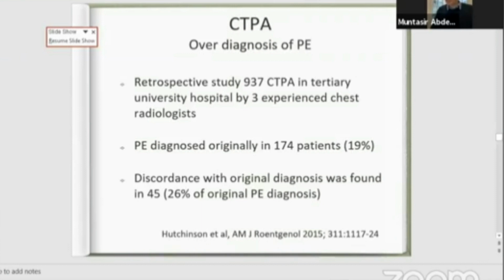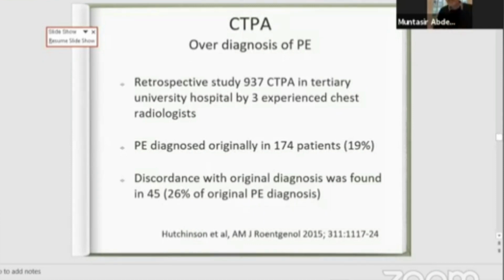Initially, pulmonary embolism was diagnosed in 174 patients. Then they got 3 experienced radiologists and asked them to re-evaluate all these CTPAs again and to see whether the diagnosis was right or wrong.